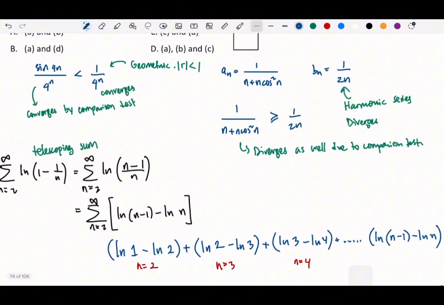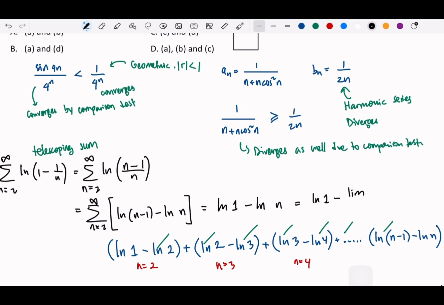So at the end of the day, this cancels with that, and canceling in between, you will have the both ends, which is ln 1 minus ln n. And if we take our definition in limit, we are going to have a divergent series. So it diverges.